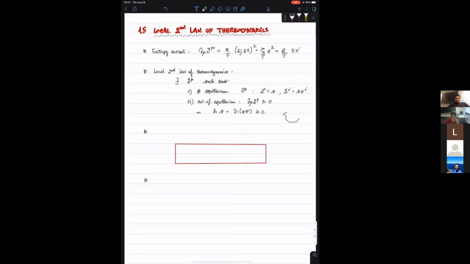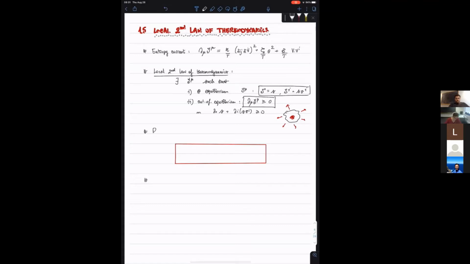In a small volume element of the fluid, entropy will increase and the flux will not compensate, as it usually does in a continuity equation. So the fact that the entropy current is increasing locally, and the fact that at equilibrium you can write it in this way, is the content of the local second law of thermodynamics.